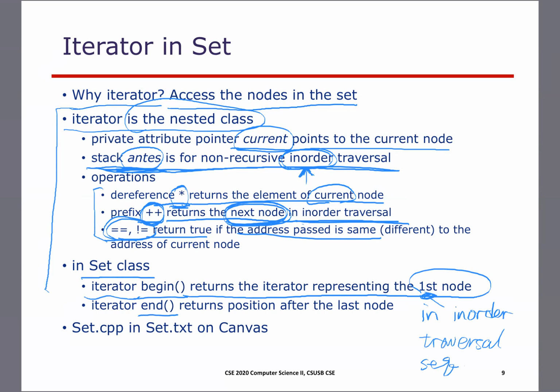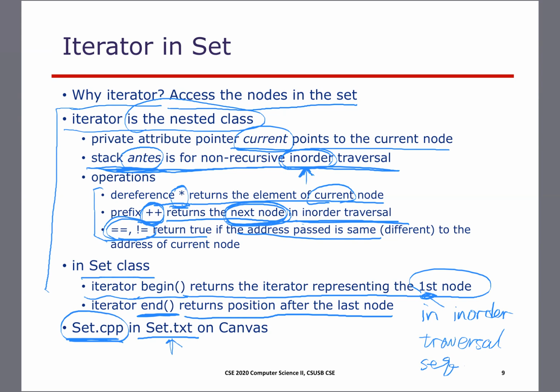The end public member function returns the position after the last node. The position after the last node has a null pointer address. Okay, the code of the set class template is implemented in the set.cpp file, and this file is contained in the set.txt file. I already posted this file on Canvas.